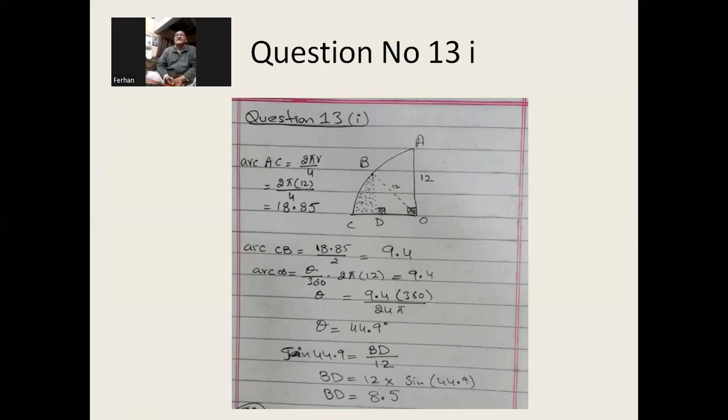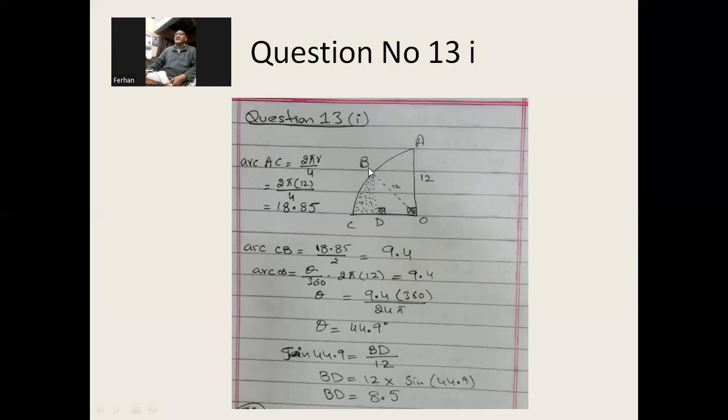If I make theta the subject of the formula, it will be 9.4 times 360 divided by 24 pi, and that will be 44.9. Whatever I'm saying, you type it in your calculator, you will get the same answer. You will write 9.4 times 360 divided by 24 pi equals, and you will get 44.9 degree. So this angle here is 44.9, which is approximately 45 degree.